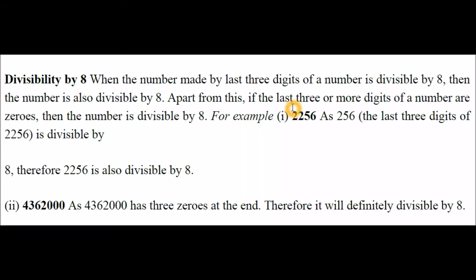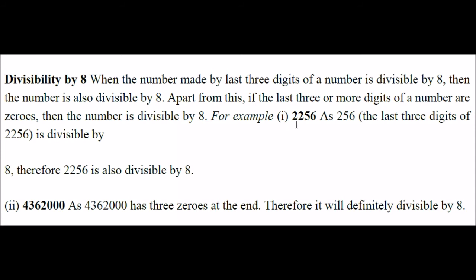Apart from this, if the last 3 or more digits of the given number are zeros, then the given number is divisible by 8. Two conditions: if the last 3 digits of the number are divisible by 8, or the last 3 or more digits of the given number are zeros, we can say the given number is divisible by 8.